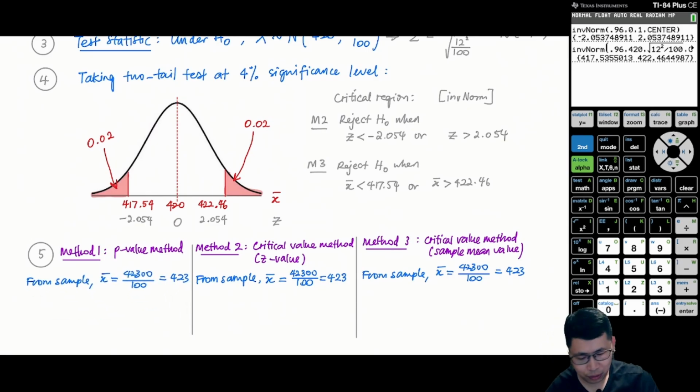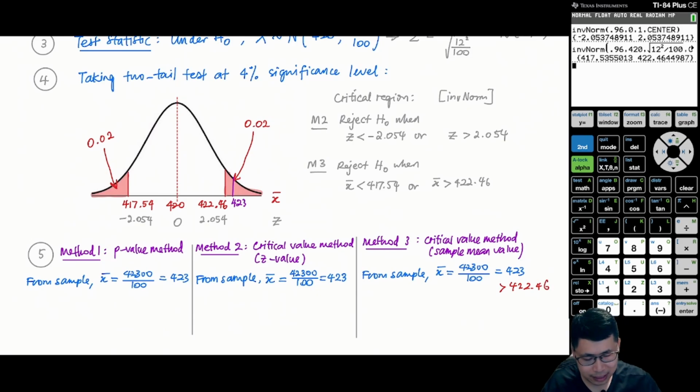Now looking at this situation, where is 423? 423 is actually over here. Because of this, we can see directly from the sample mean value that this 423 is greater than 422.46, which is the critical value.